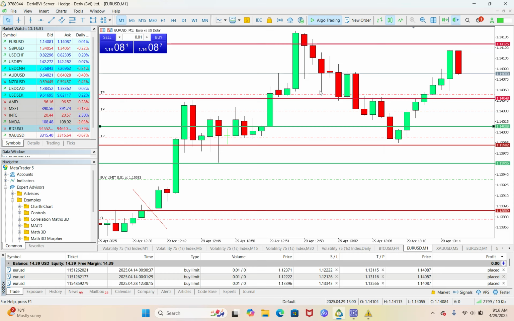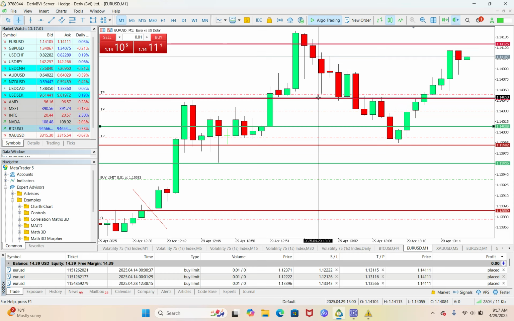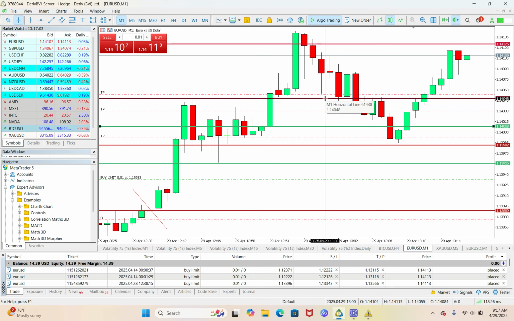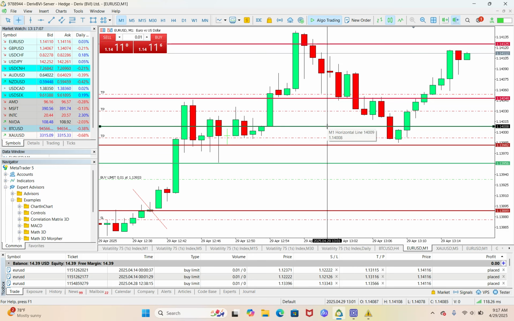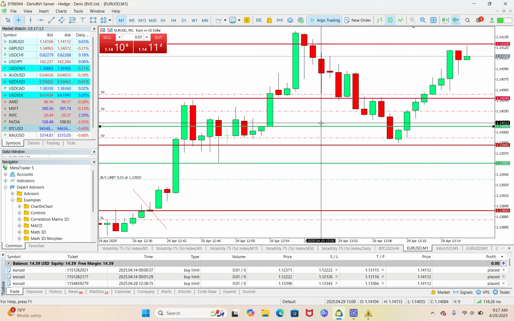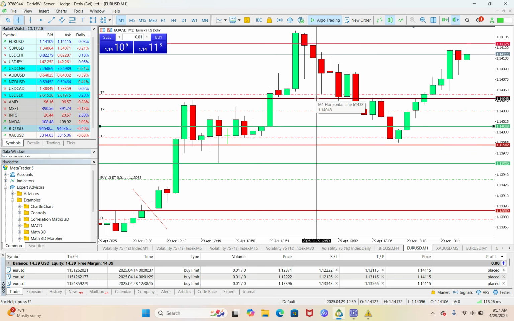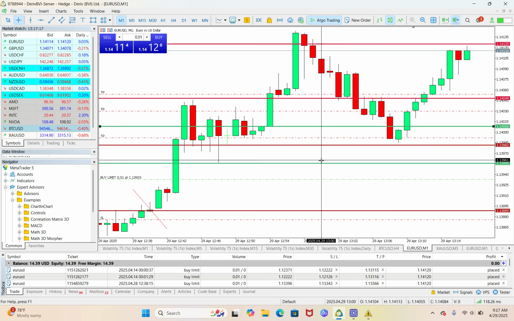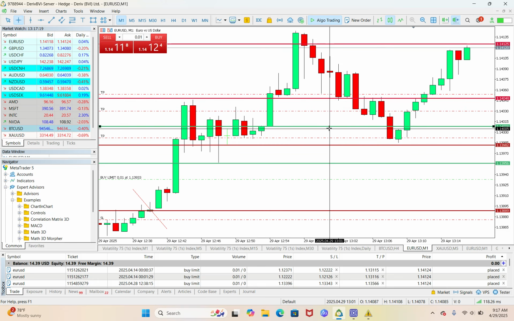So the fact that this broke through this area right here, I could have traded from here to here, which would be 14,048 to 14,0, about 40 pip in between where the market intersects to where buyers are.